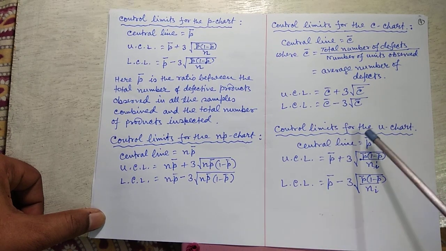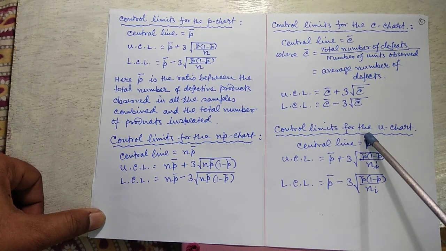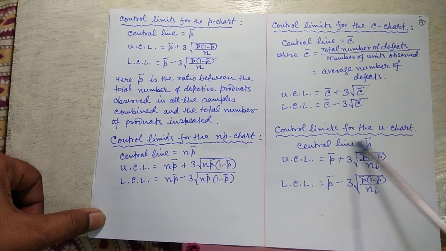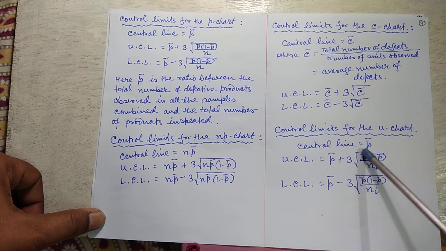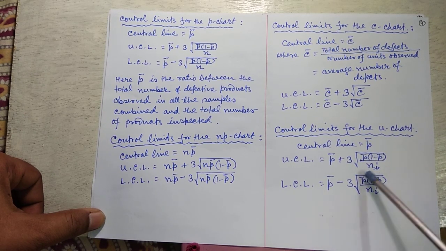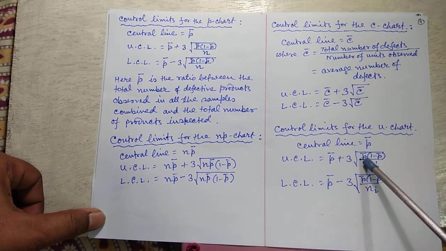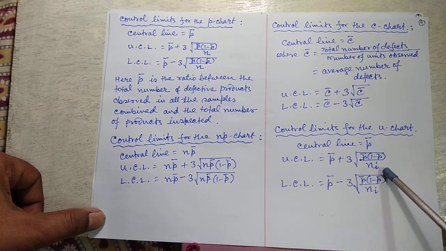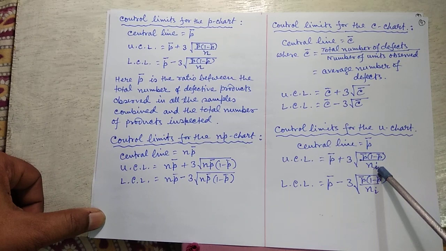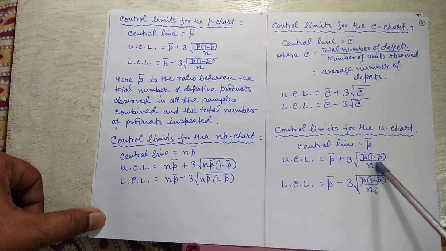Now control limits for the U chart. When it is a variable P chart, then central line will be P bar and upper control limit equals P bar plus 3 into root over P bar into 1 minus P bar by Ni. What is the difference between this formula and this formula? Here only n, but here Ni. That is, for each sample, the size of the sample differs.